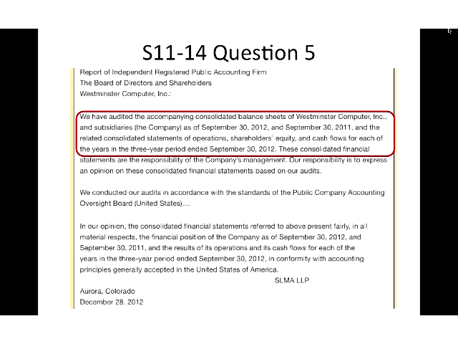It tells us in the very first paragraph, and this is true of every audit report: we have audited the balance sheets as of September 30th, 2012 and September 30th, 2011, so 2 years of balance sheets and related statements of operations, stockholders' equity, and cash flows for each of the years in the 3-year period ending September 30th, 2012. So it's covering 2 years of balance sheets, 3 years of statements of operations, shareholders' equity, and cash flows.